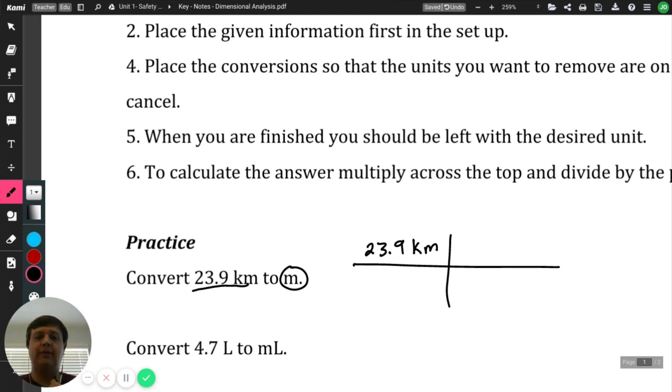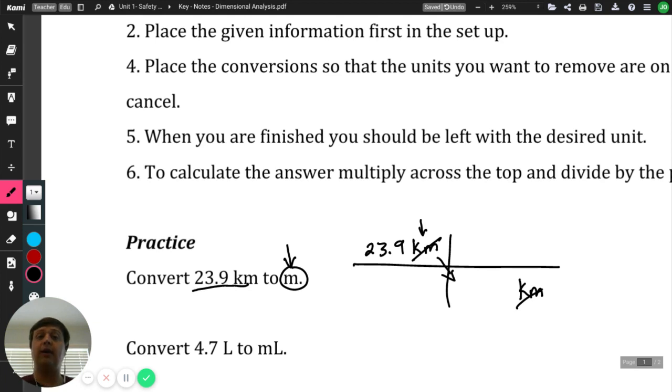So, next thing, I ask myself, is kilometers what I'm looking for? Well, my question asks me for meters. Since kilometers is not what I'm looking for, I like to say drop it low. So kilometers, you drop it low. Never bring the number, just the unit. Why? Because we're canceling that unit out.